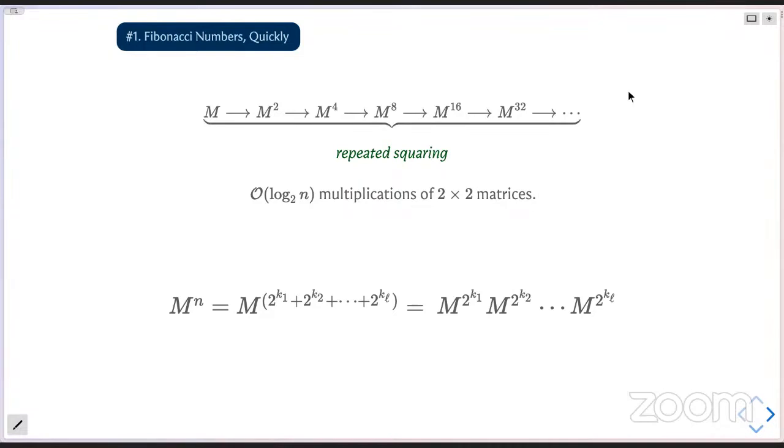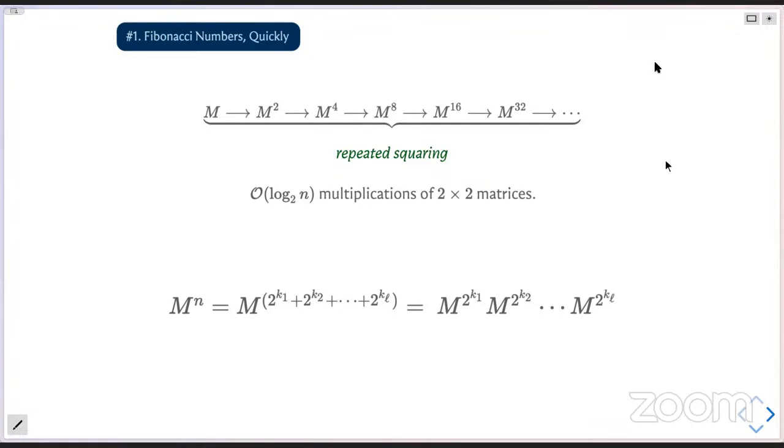And just by definition, that's what n is going to be. And so that's going to be M raised to the sum of these powers of 2. And that's going to, of course, multiply out. So now you have a bunch of individual powers of 2 operations, which we already know how to do.